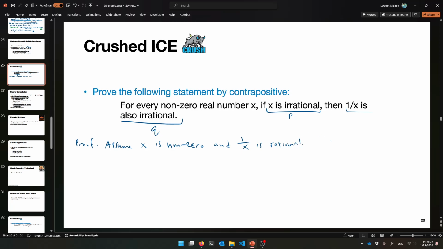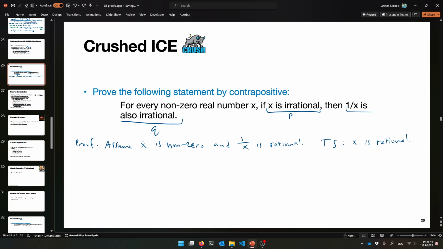And what we need to show is that not P is true, because that's the conclusion of the contrapositive. Show that x is rational. That's what we need to show to complete the proof. So what do we know? We're assuming that 1 over x is rational.